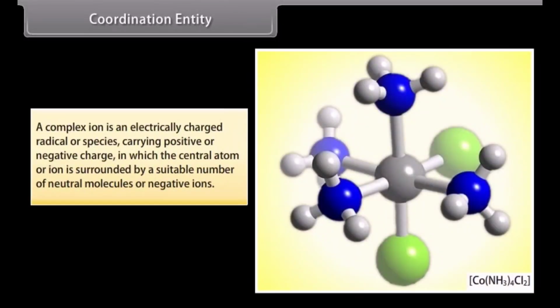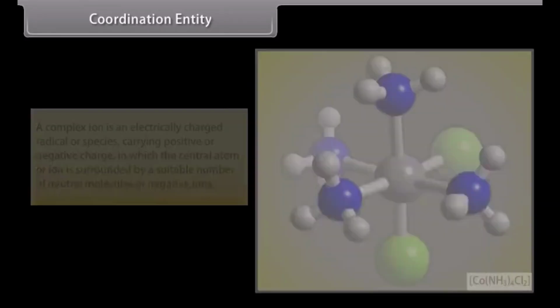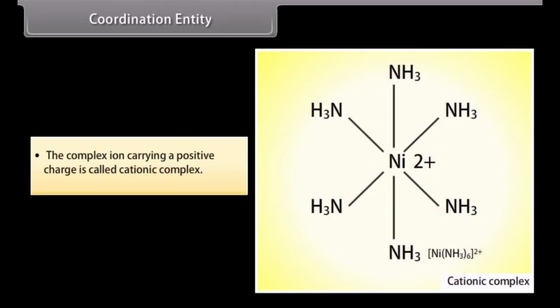Coordination entity. A complex ion is an electrically charged radical or species carrying positive or negative charge in which the central atom or ion is surrounded by a suitable number of neutral molecules or negative ions. For example, [Co(NH3)4]Cl2. The complex ion carrying a positive charge is called cationic complex.